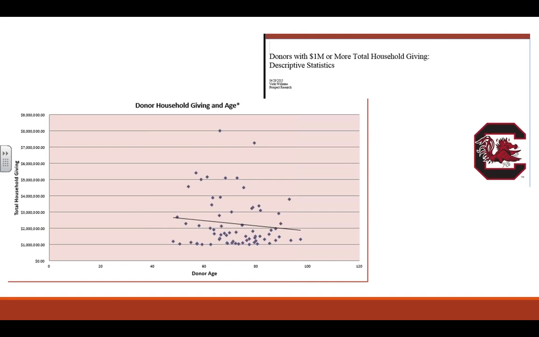But what's not reflected on the graph that you see here is that on several of these donors we were able to see a pattern of when their major gifts came in. For instance, one of them, about every 3 to 5 years, would make a very large gift.